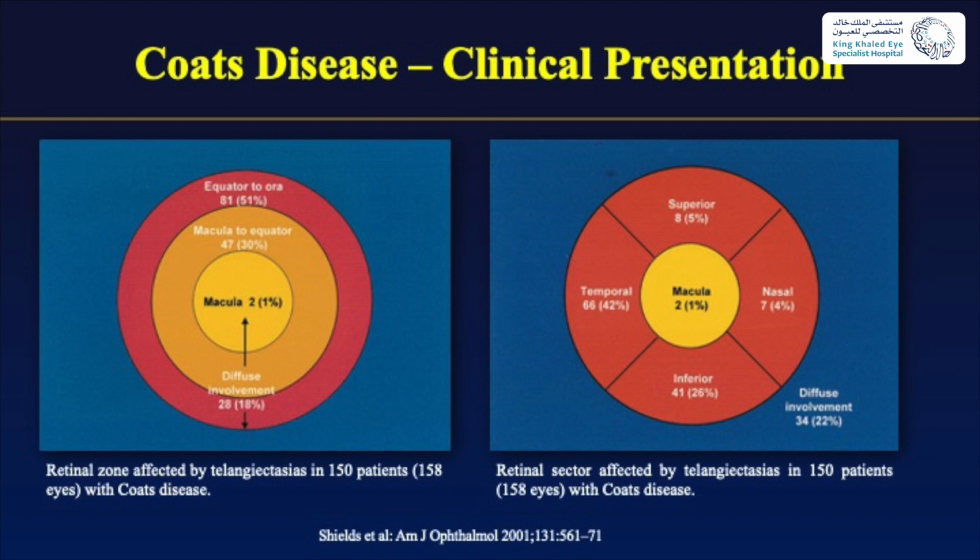Diffuse involvement was in 18% of the patients, and macular involvement alone was in only 1% of the patients. And regarding the involved retinal sector, the temporal retina was the most involved part of the retina in 42% of the patients. The inferior retina was affected in 26% of the patients, followed by diffuse involvement in 22% of the patients.